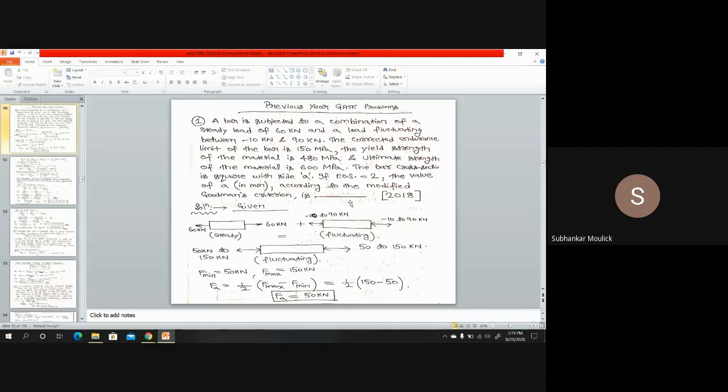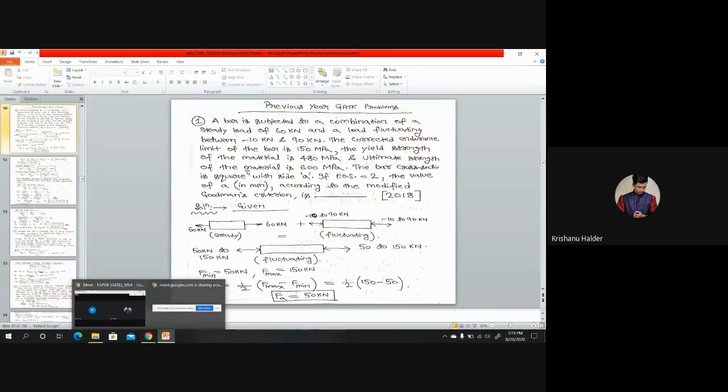Can you tell me what all things are given in this problem and how we can proceed? What all things are given in the problem? Sir, F max and F min are there.